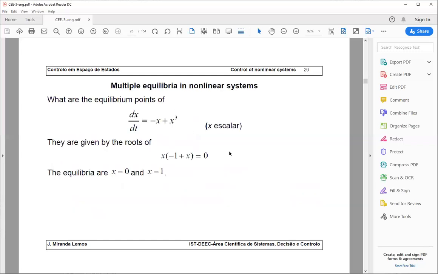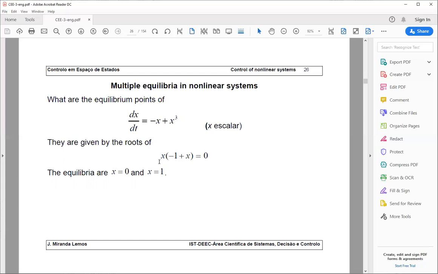Now, let's see another example of multiple equilibrium nonlinear systems. Later, we will see more along the course. Suppose that x is a scalar, and you have this equation. Now, the equilibrium points are given by equating minus x plus x squared equal to 0, or solving this equation.